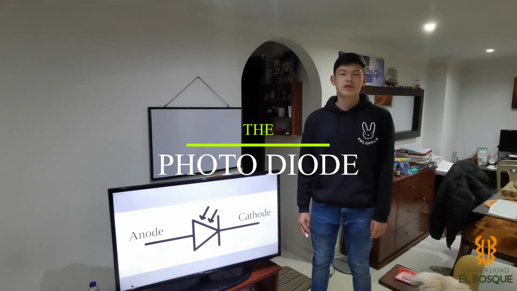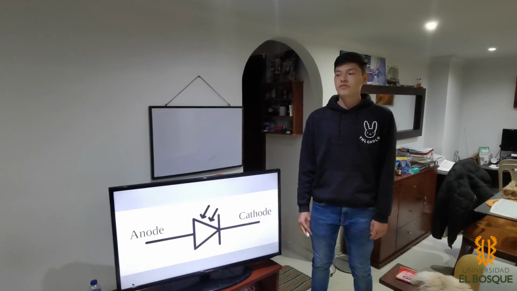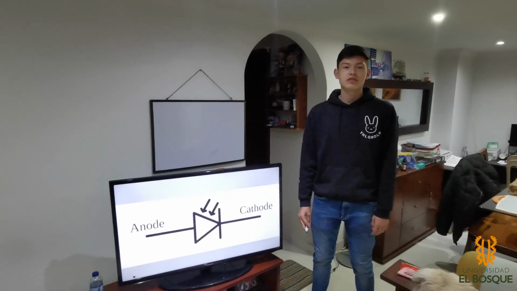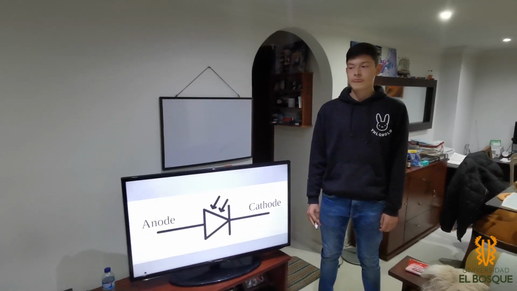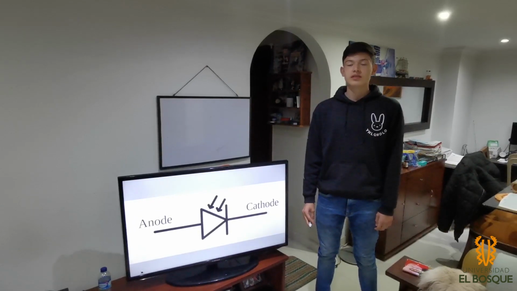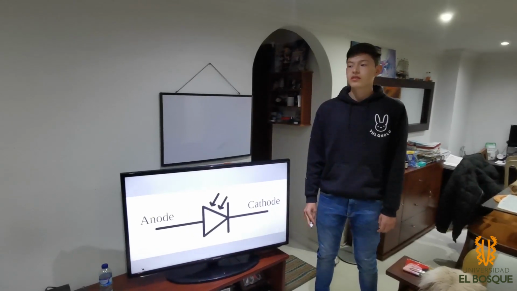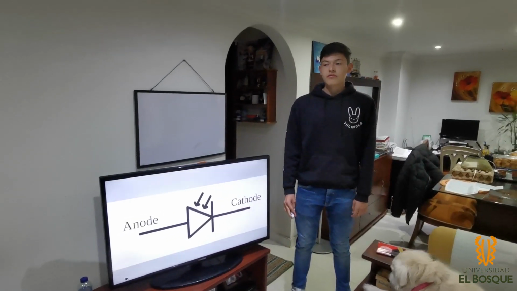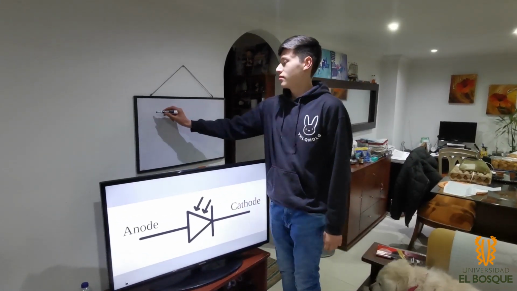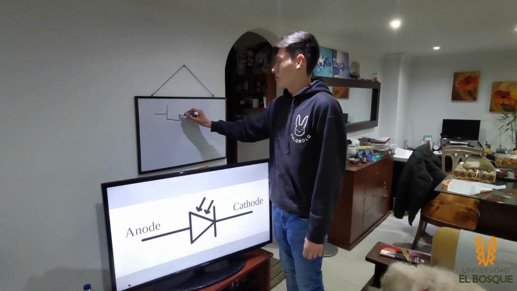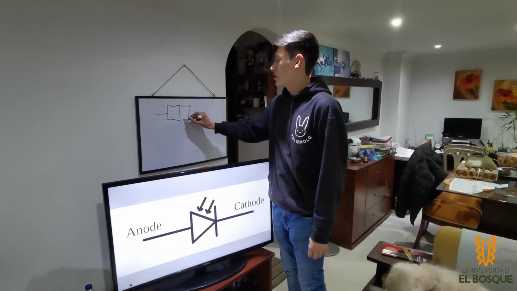So let's see how a photodiode works. A photodiode is a class of diode that converts light to electricity. These diodes are used to detect the brightness of the light that shines on them. So let's start with a PN junction. We have the P side and the N side.